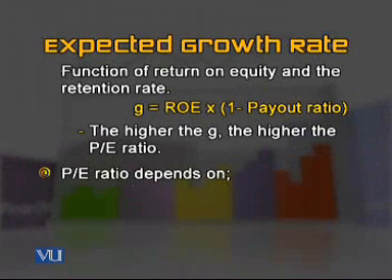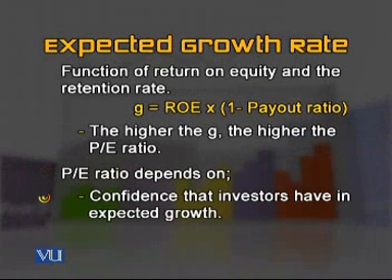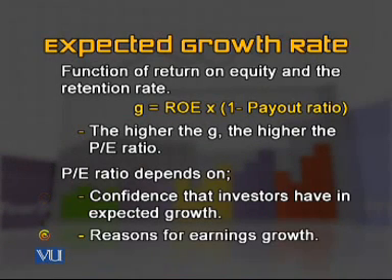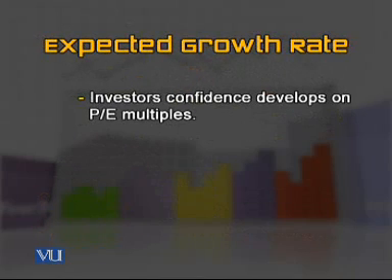Price earning ratio depends on the confidence that investors have in the expected growth of the future of a company, and these are the reasons for earnings growth. Because investor confidence develops on price earning multiples, the ability of the company's expected earning potential will be reflected in the higher price earning multiple and higher stock price, because they're all correlated.